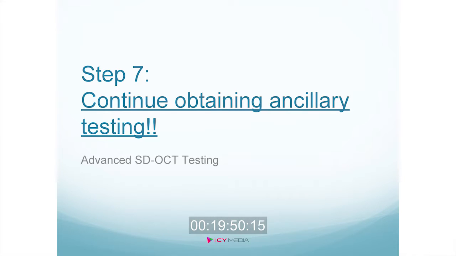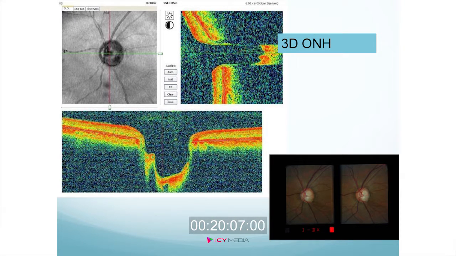So now is the opportunity to go back into the exam and obtain all of the specialized testing that you want to get. We already got the screening testing. Now we want to use the machine and actually home in on the areas that were abnormal. So we always start off with our 3D optic nerve head because it gives us excellent information about the peripapillary space.